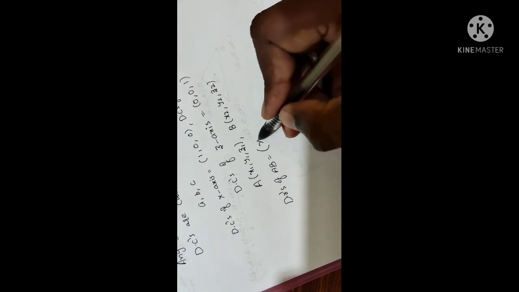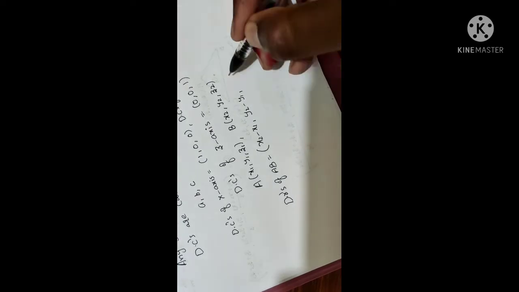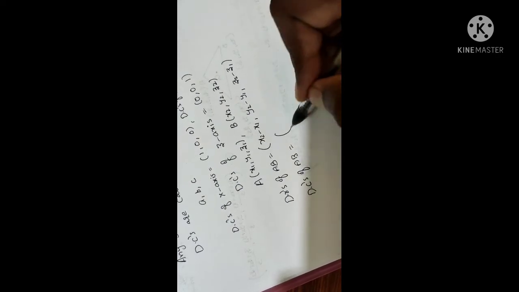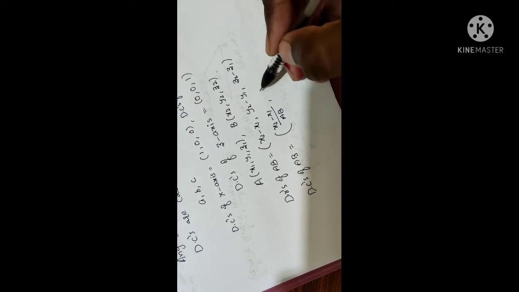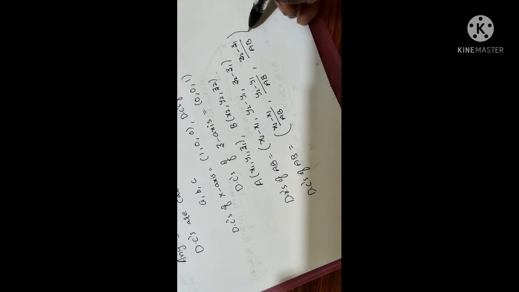The formula is x2 minus x1, y2 minus y1, z2 minus z1. Similarly, what is the formula for DCs of AB? x2 minus x1 by the distance between two points AB, y2 minus y1 by the distance AB, z2 minus z1 by the distance AB.